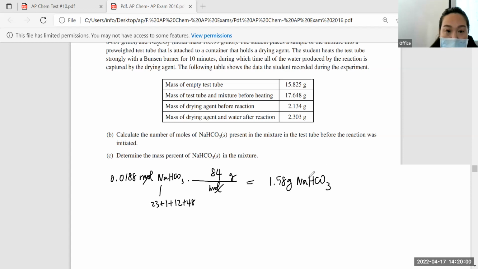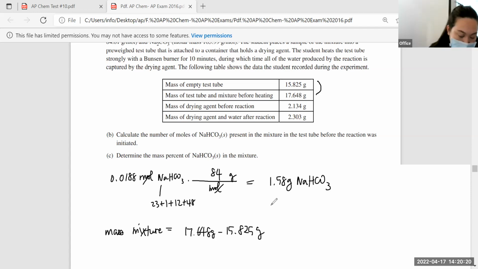Now, what is the mass of the mixture? I have the mass of my empty test tube and the mass of the test tube and mixture before heating, right? So the mass of the mixture is going to equal 17.648 grams minus 15.825 grams.